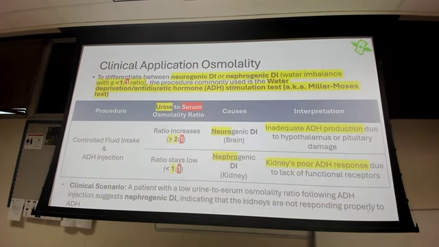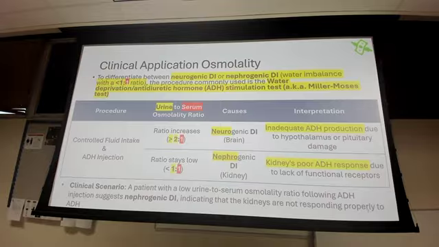Y'all remember the difference between the two? It's on the next slide, right? So if you have to distinguish between the two, what's that test up there that starts with the M? Miller-Moses test, right? And so for that procedure, you provide your patient with controlled fluid intake, you inject them with the ADH injection, right?